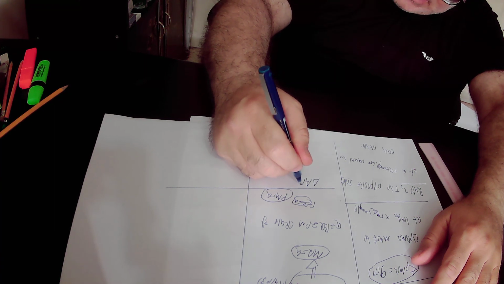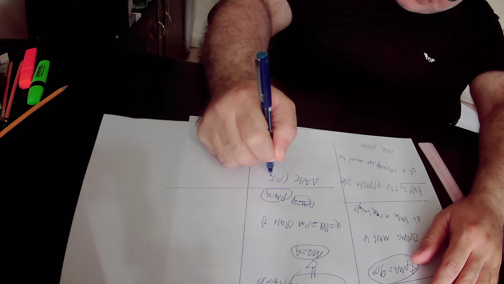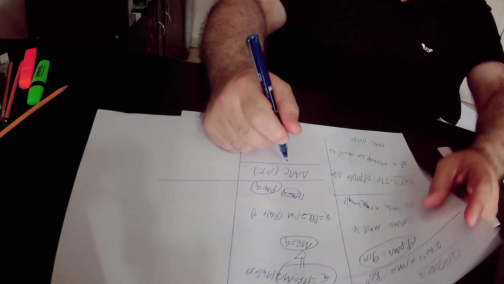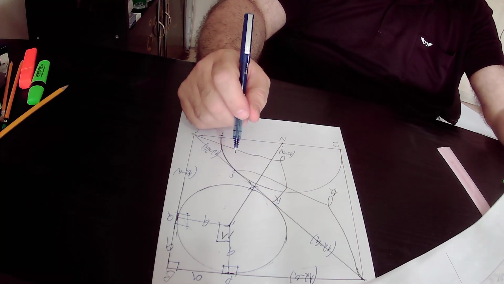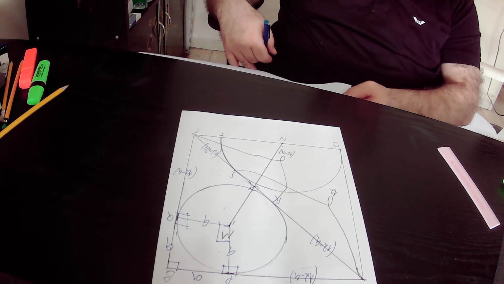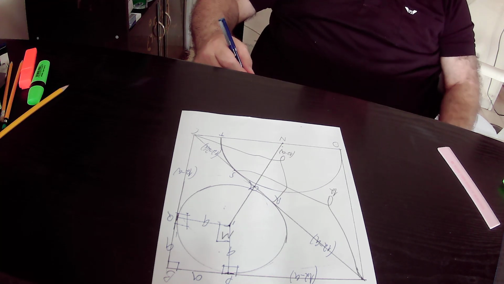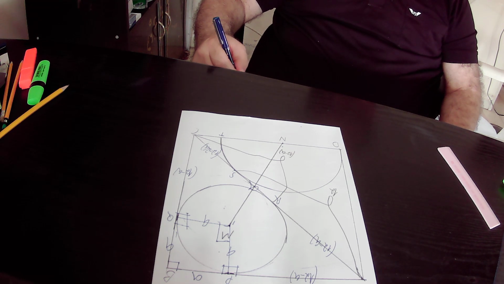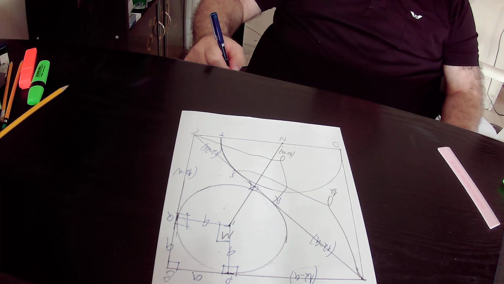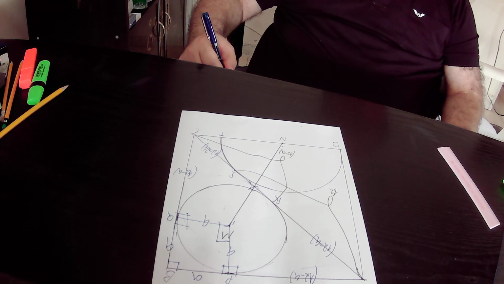According to PT, the abbreviation for Pythagoras theorem, the square of the hypotenuse is AC squared, and it must be equal to the sum of the squares of the perpendiculars.